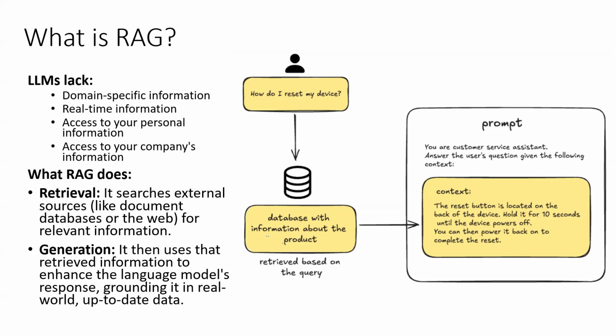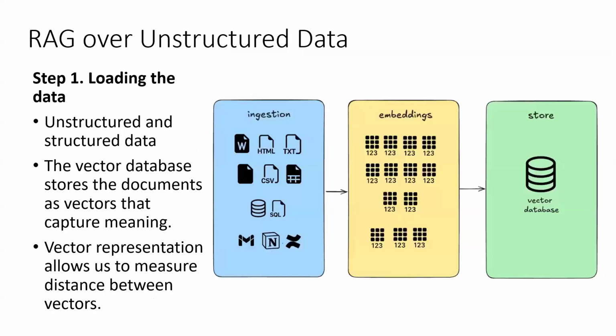Okay. So that was on RAG. Now, what is RAG over unstructured data? The data is primarily divided into three parts. First is your structured data, which is there in the database. Second is your unstructured data, like Word, HTML, and text files.